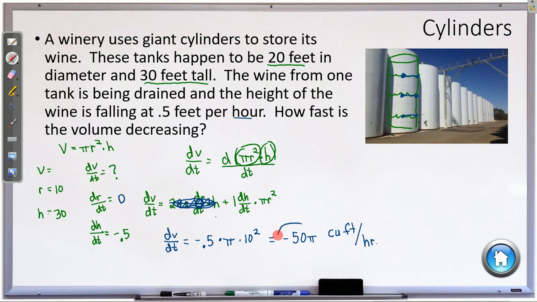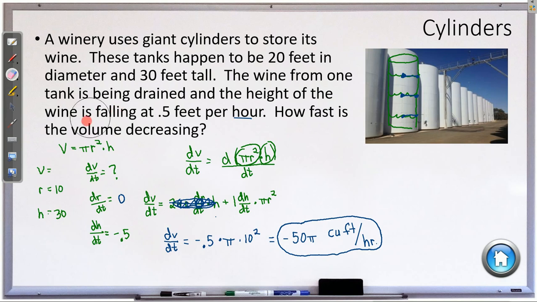So about 150 cubic feet every hour are draining out of this tank, and that will make the height fall at half a foot per hour. All right, so we used the rate of the radius falling to find how fast the volume was falling.